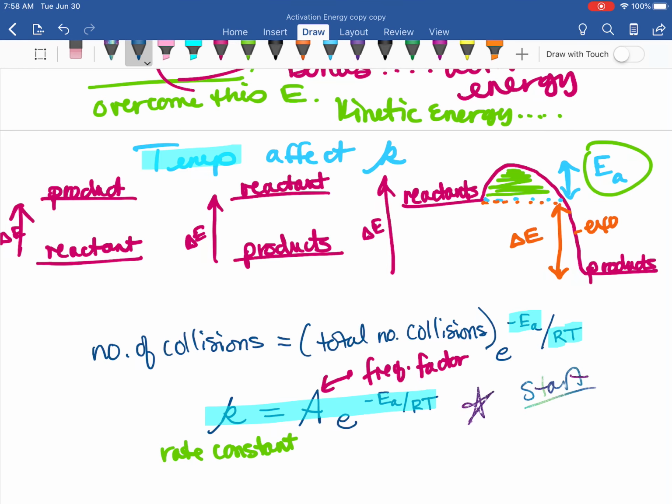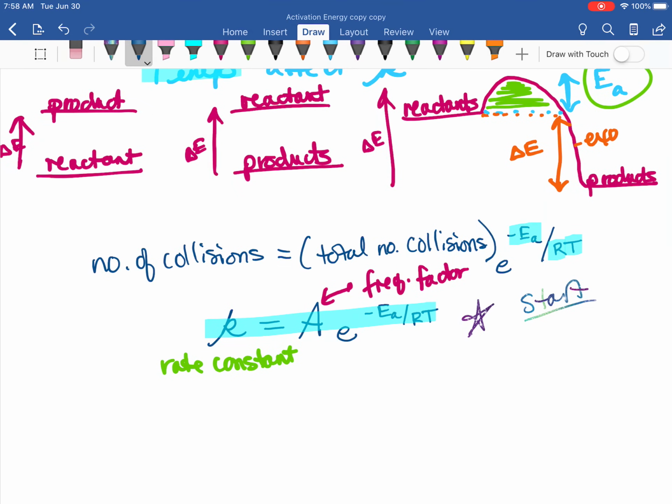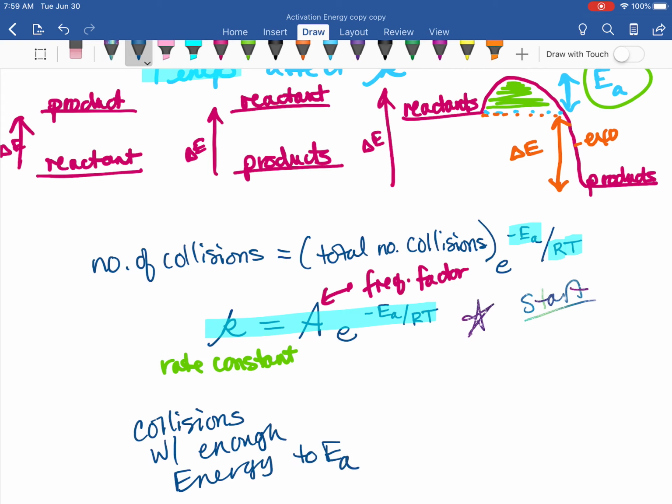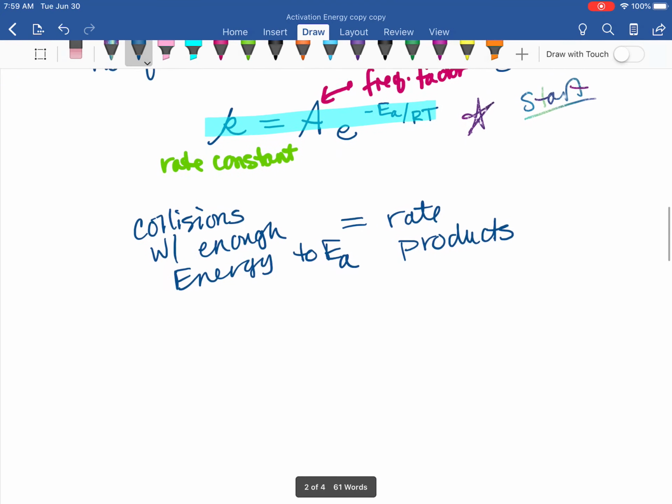So now should our collisions with enough energy to overcome those making and breaking bonds, so let's say we hit our number of collisions with all of that activation energy, does that then equal our productive rate and we start equaling how many products that we're making? That would be awesome. Not yet.